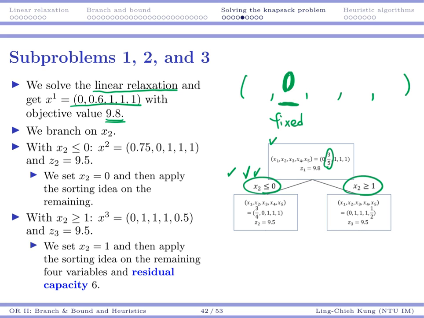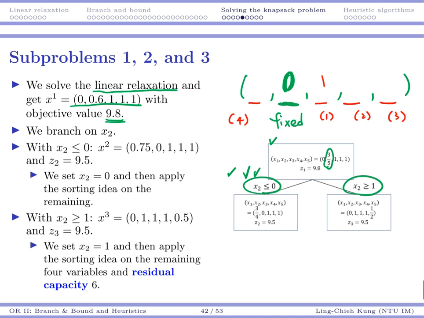Well, again, that's a continuous knapsack problem. You will still do the ratio and then still do the sorting. Item 3 will still be sorted as the first one, item 4 the second one, item 5 the third one, and item 1 the last one. So you will repeat the process that you already did.